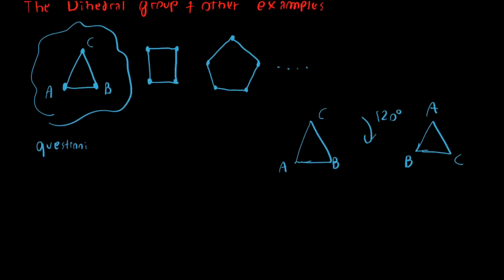Another thing that we want to keep in mind is that our goal is to get all such displacements of this polygon, in this case of this triangle, but we do not care how we achieve it. So for example, we could achieve this displacement with a 120-degree rotation, but we could achieve it as well with a 480-degree rotation, and we could achieve it also by rotating it counterclockwise, but this time 240 degrees.